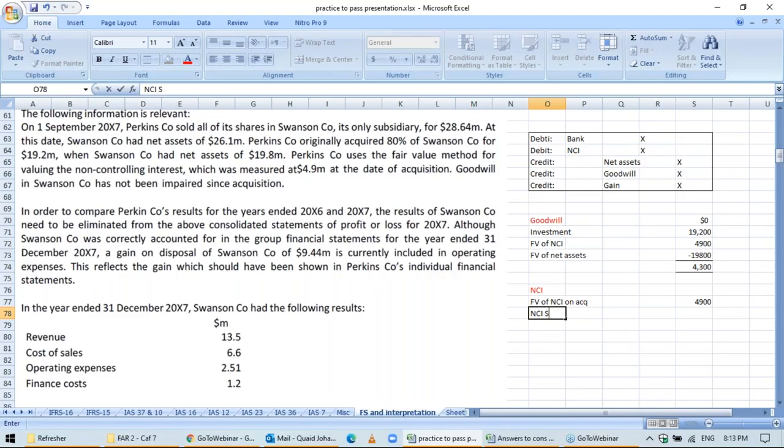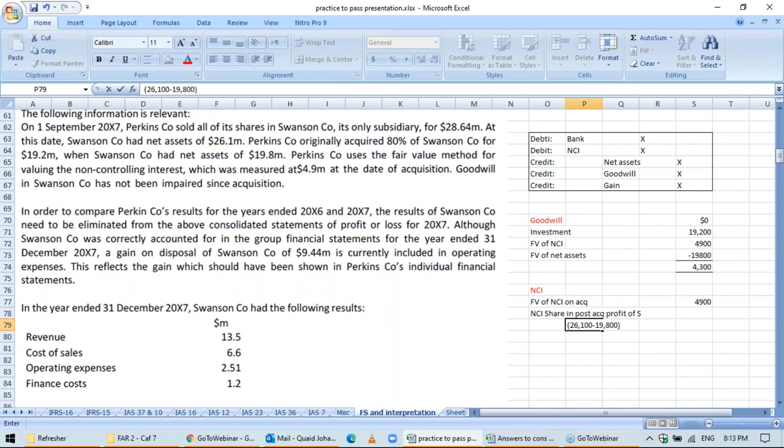So NCI's share in post acquisition profits of the subsidiary. Now what are the post acquisition profits? In the question, the net assets now are 26.1 million, and earlier they were 19,800.